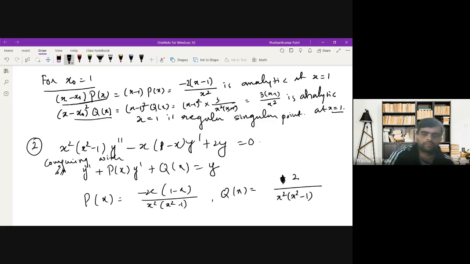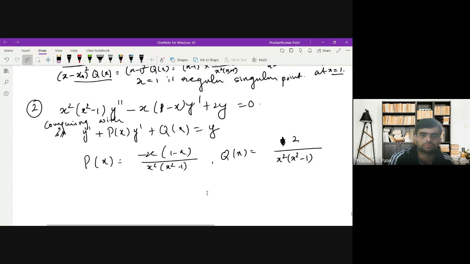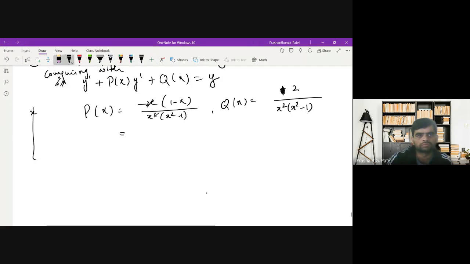Now for p of x, x is cancelled out, and this x square minus 1 can be written as x minus 1 into x plus 1.